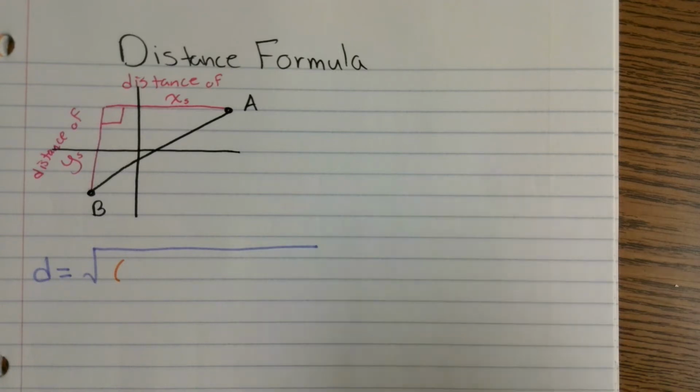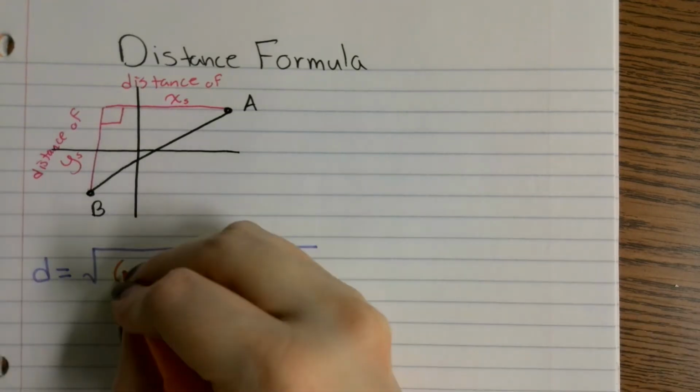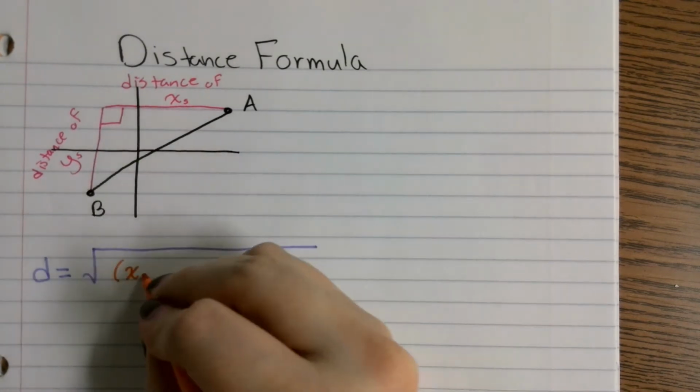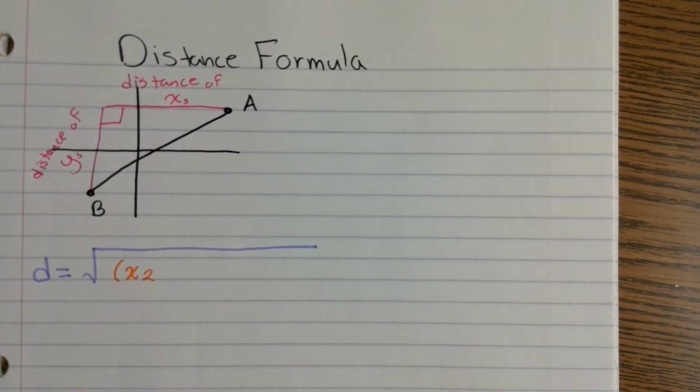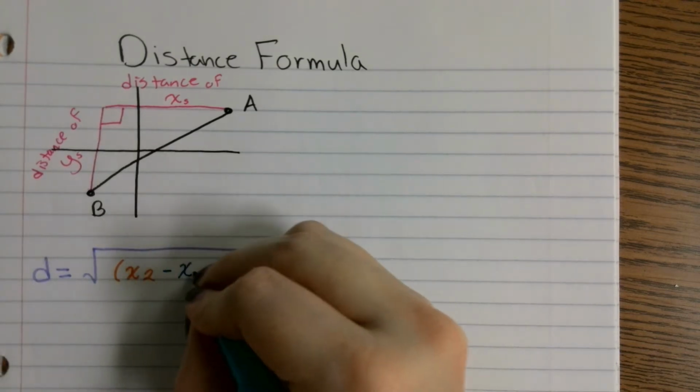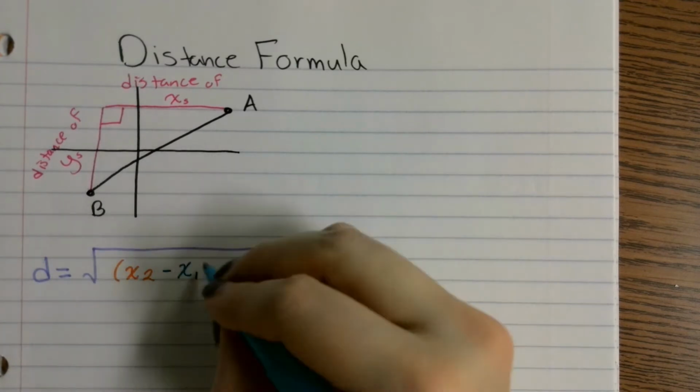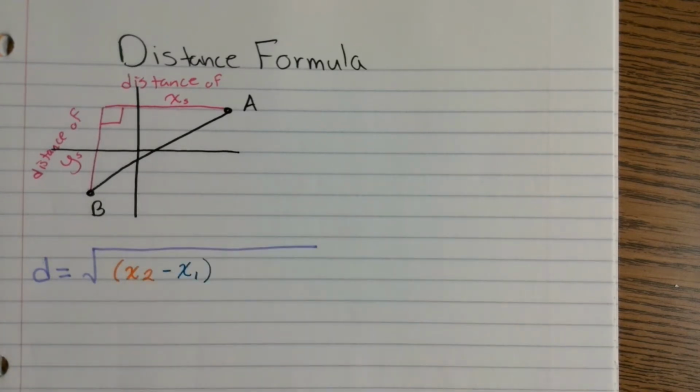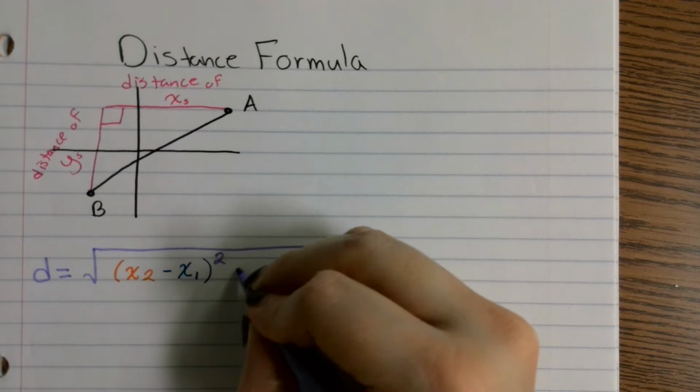Or, an x1 and a y1, and another point an x2 and a y2. So what we're doing here is we're first going to start with the x's. We're going to take one point of x, and we're going to find the difference using the other point of x. And then we square that difference.